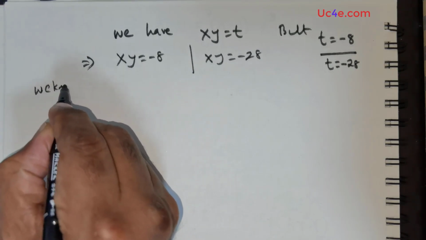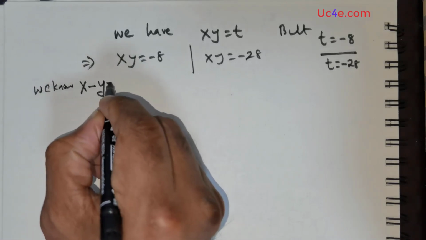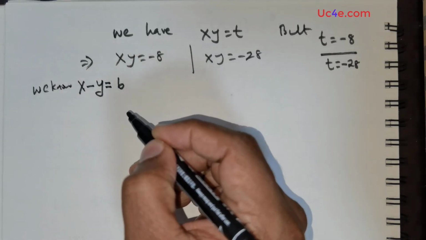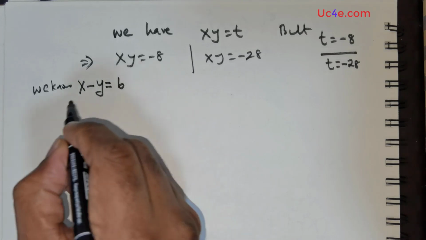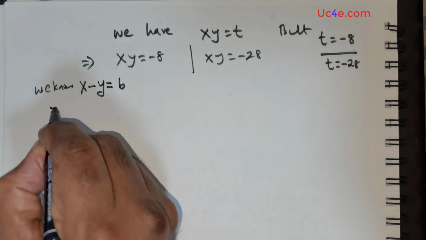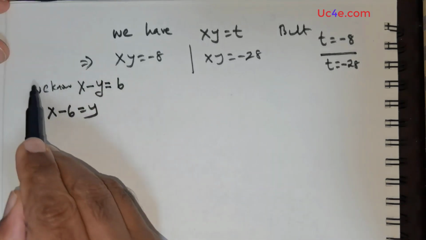We know that x - y = 6. This is the substitution we were utilizing. But how did we get this? We started off by taking x - 6 = y.